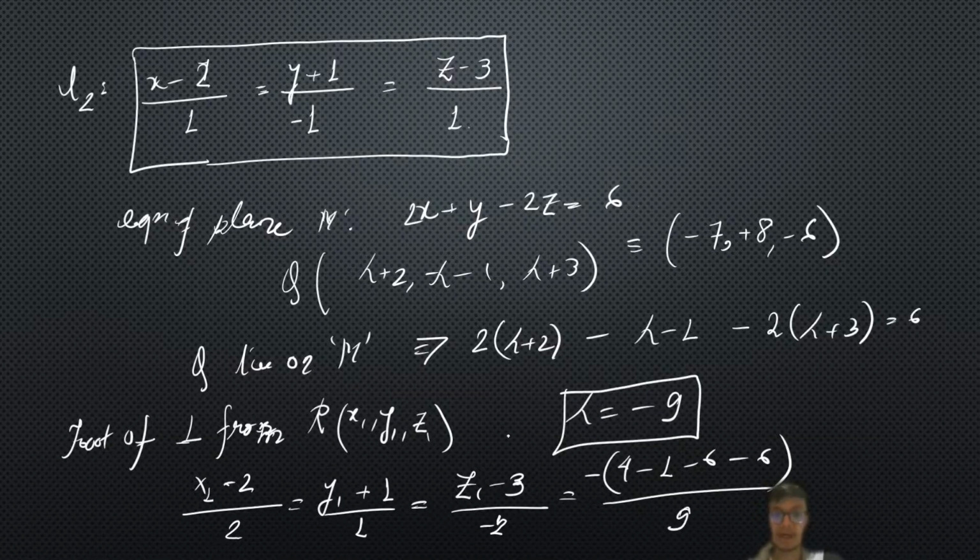If I solve this, I get the coordinates of R, the foot of perpendicular, as (4, 0, 1).